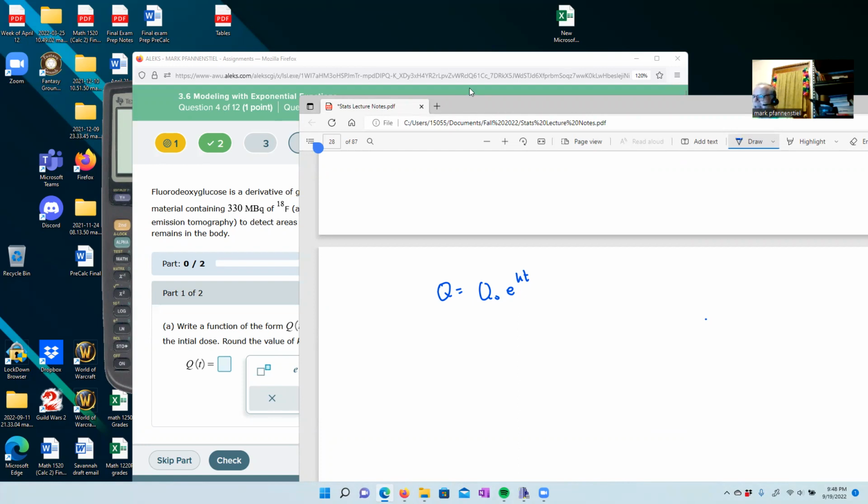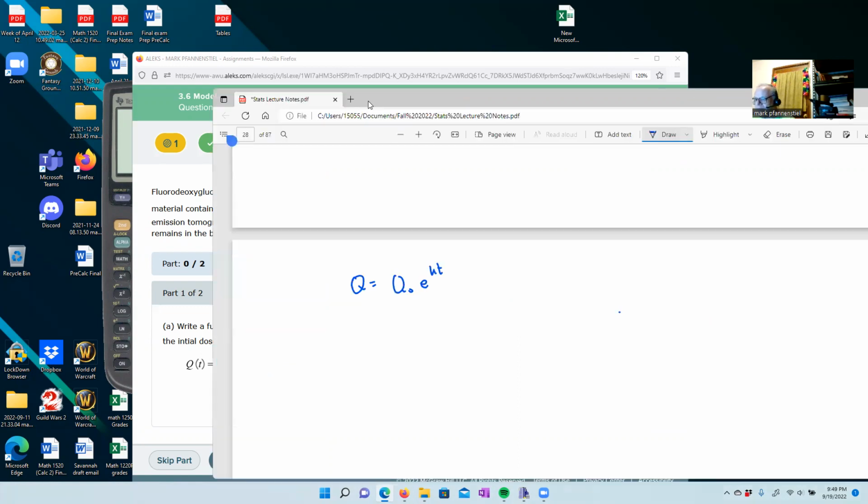So let's go ahead and give our problem a start. They're given a sample containing 330 megabecquerels. So that's our initial amount: 330, times e to the kt. What are they telling us happens? They said after 174 minutes, 1/3 of the original dose is there.